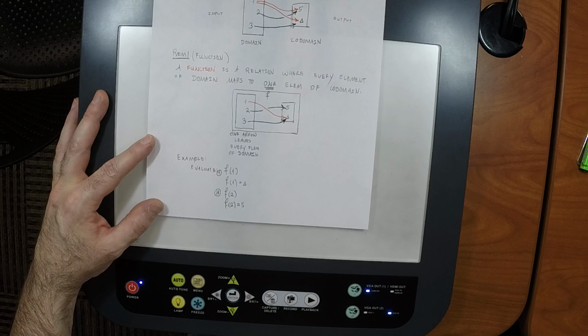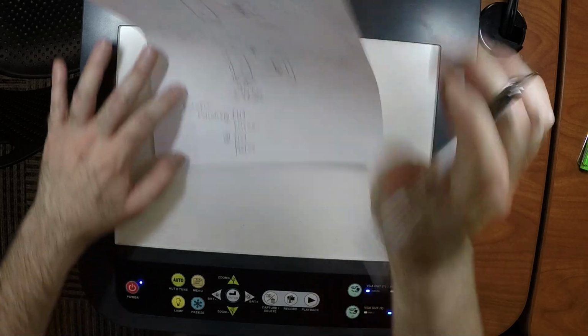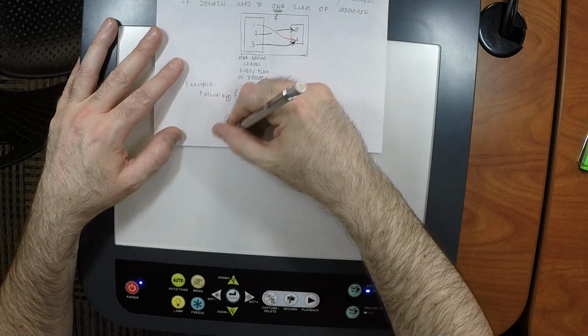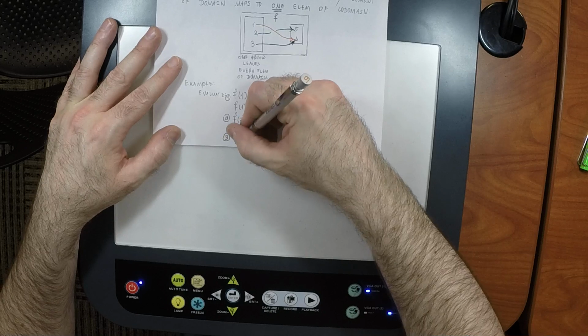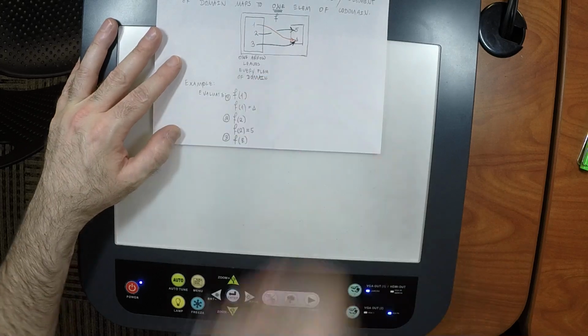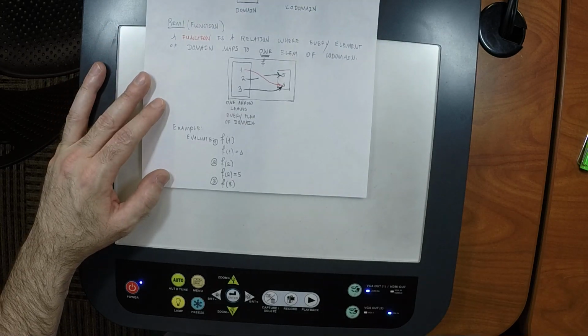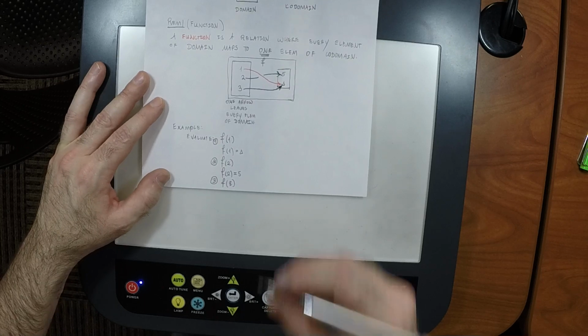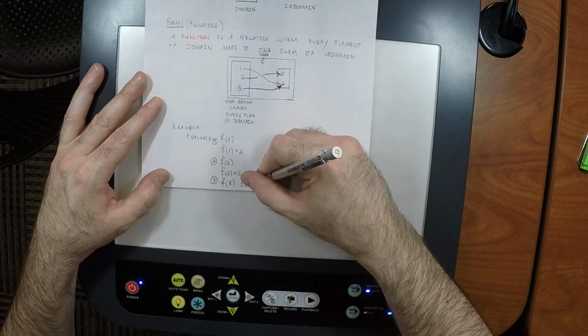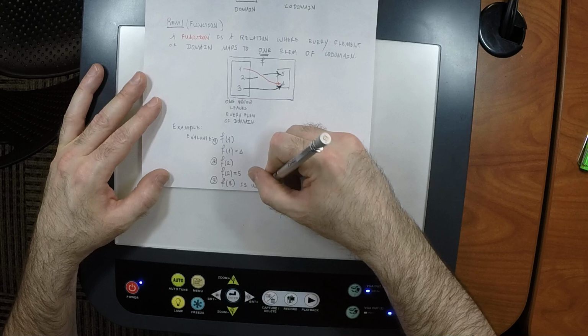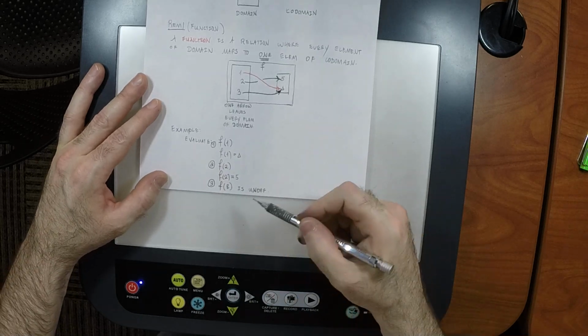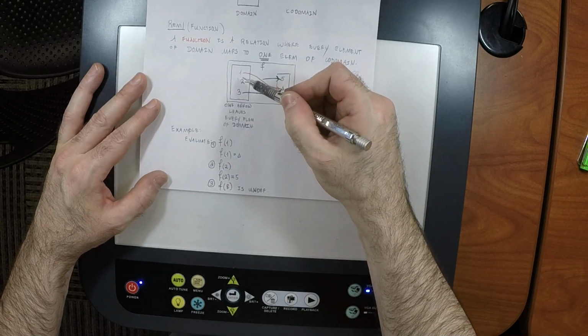Well, I could also ask this. This is going to be important too. How about what's f evaluated at 8? This is undefined. It's undefined in the end because the domain contains those elements, and 8's not in there.